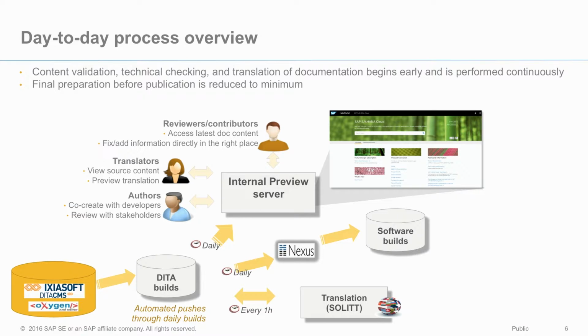We are pushing also some outputs like CHM or Eclipse, or all the outputs that need to be consumed in our software builds. So this goes through our internal repository Nexus. And every hour we are pushing content that needs to be translated, and this does the round trip process from the translation system to the content management system.